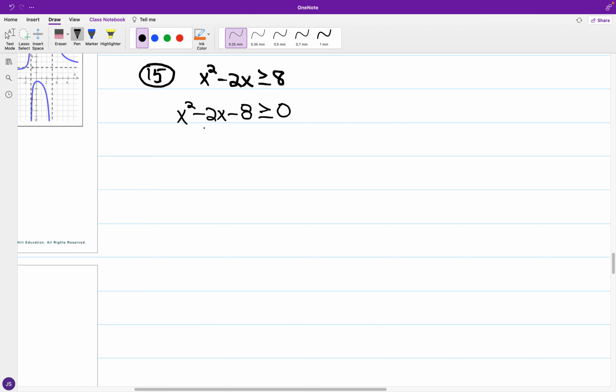Okay, so I have x squared minus 2x minus 8 is greater than or equal to 0. And so that's going to be our f of x is greater than or equal to 0.